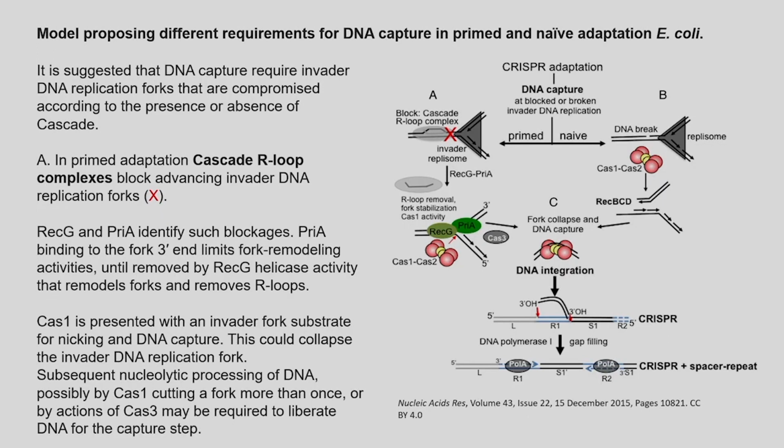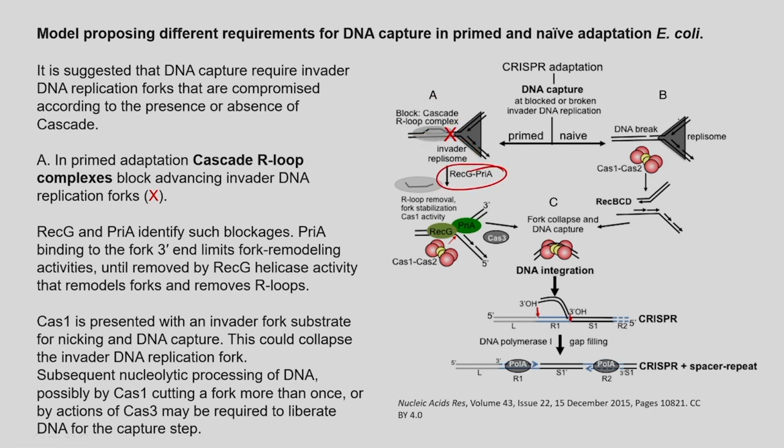So, you can see here the CRISPR adaptation: DNA capture at blocked or broken invader DNA replication forks. You have the primed spacer acquisition on the one side and the naive spacer acquisition on the other side. We will be discussing these at length. Just for a quick look, you have the Cascade R-loop complex here, and you have an invader replisome here, and certain players like RecG and PriA involved here.